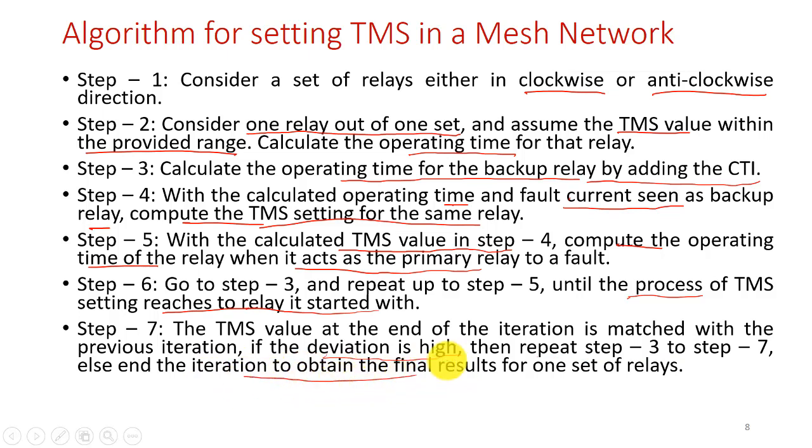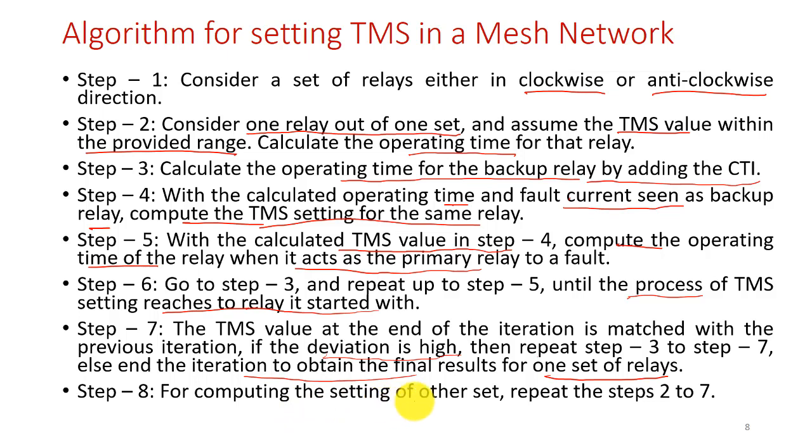If your deviation from the present iteration value to the previous iteration value is very small, then we can stop the iteration and we'll get the final result for one set of relays. For one set means for clockwise or anti-clockwise, whatever you have considered in the beginning.